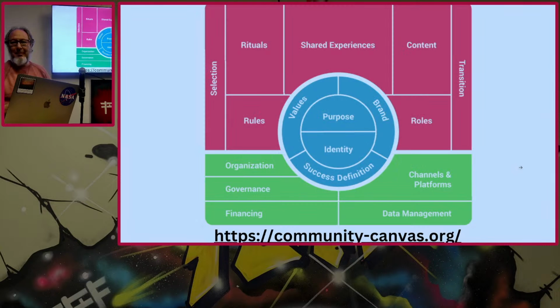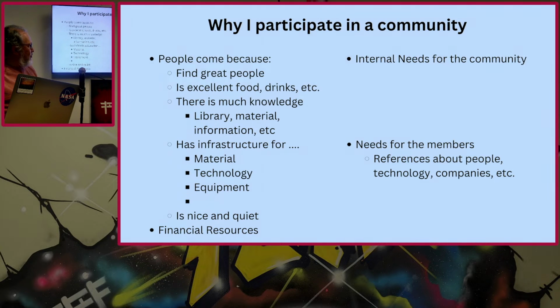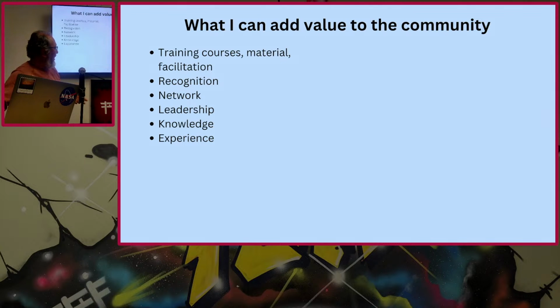Today we have a canvas for everything, and that is one canvas for communities. It is very useful to create a canvas and identify what is the value chain that is happening within the canvas: how you participate in the community and how you add value to the community.